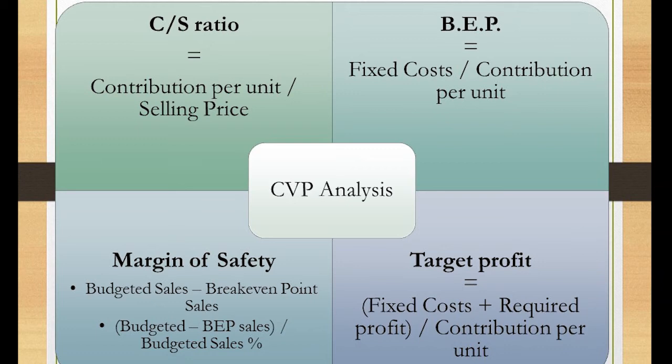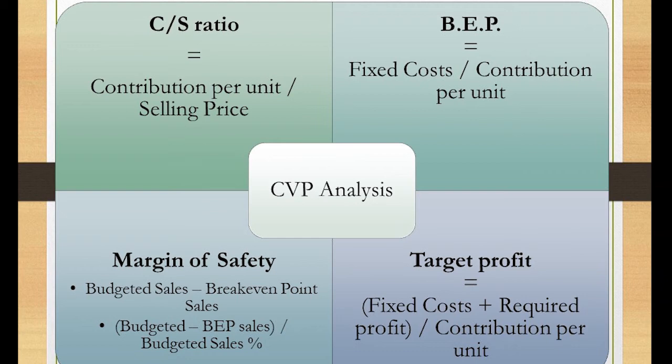So if your fixed costs are, let's say, 100,000 and your contribution per unit is 10, then the break-even point in units is 10,000 units.